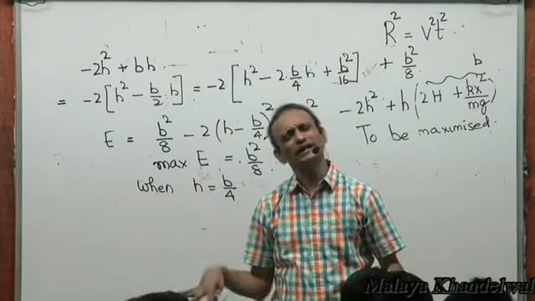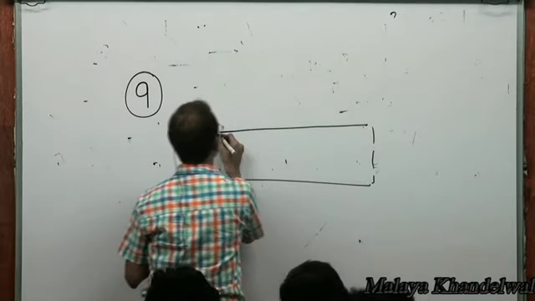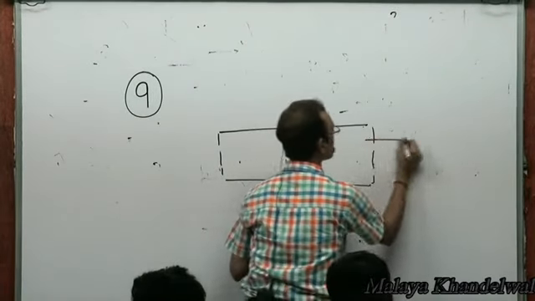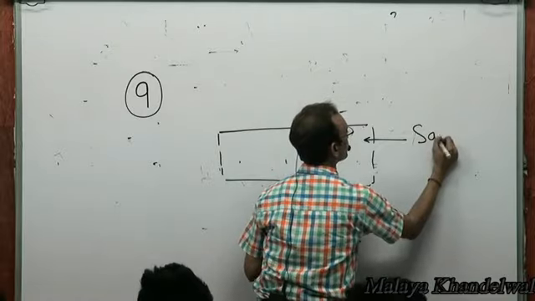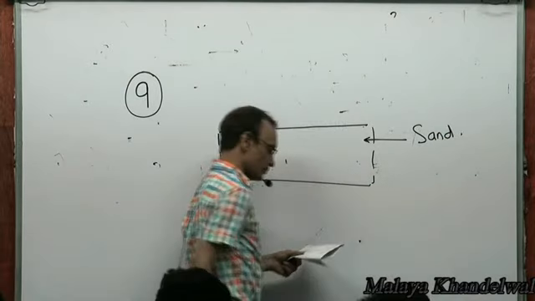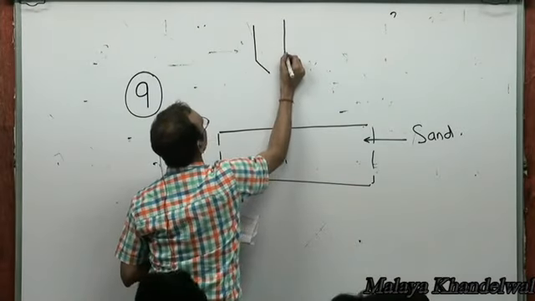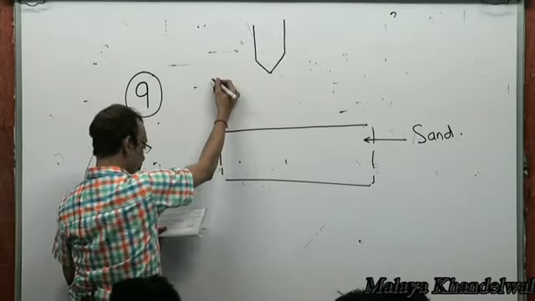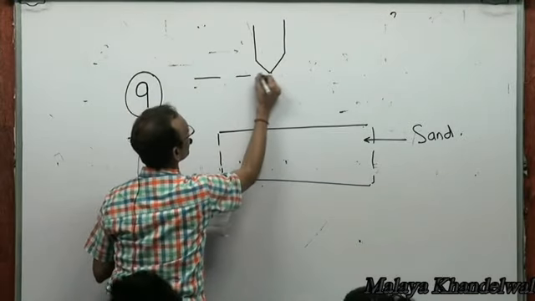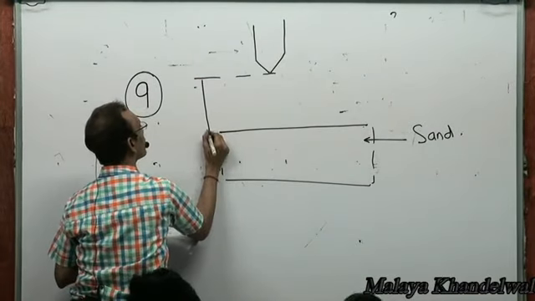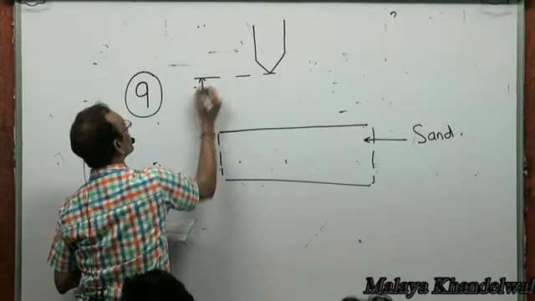So there is sand here in this region. And there is a nail that descends from a height h. The mass of the nail is small m.